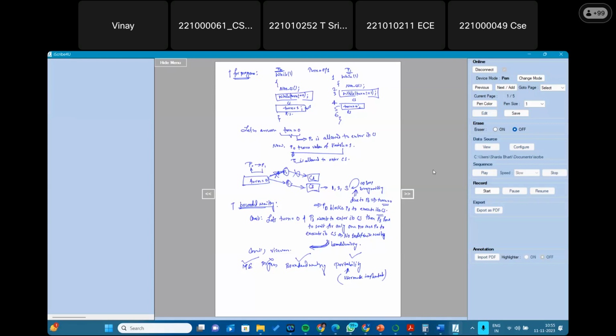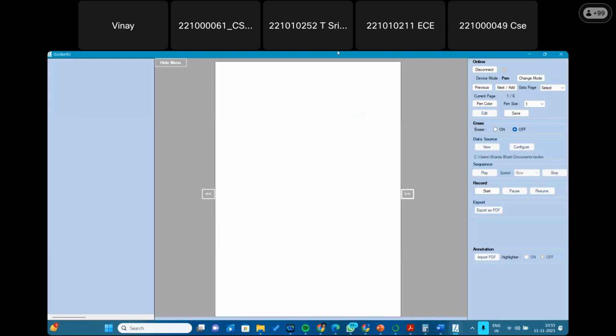So let us solve a problem. Consider the given codes for the two processes P1 and P2. P1: while S1 equals S2, critical section, S1 equals not S2.